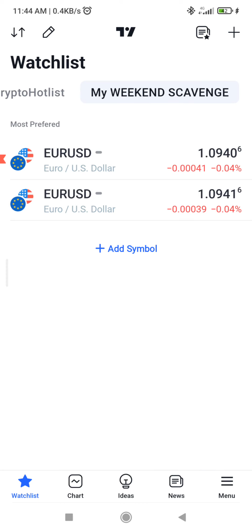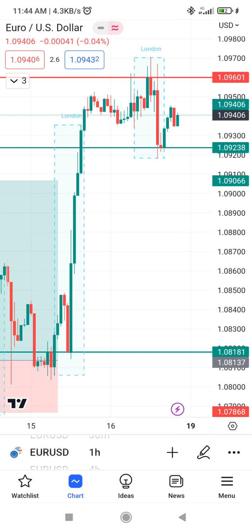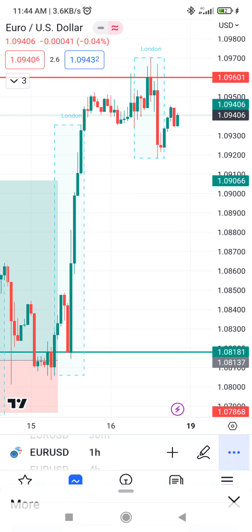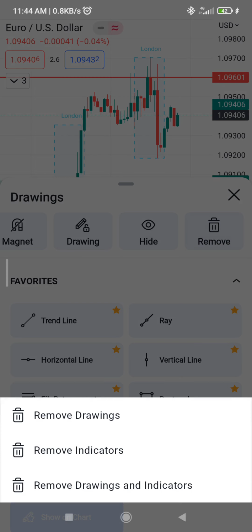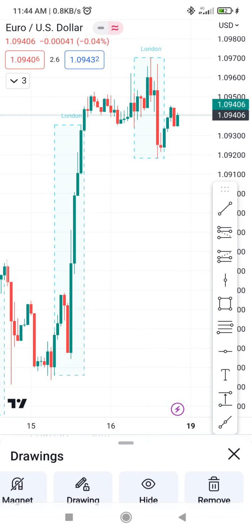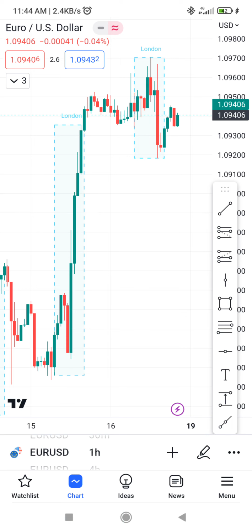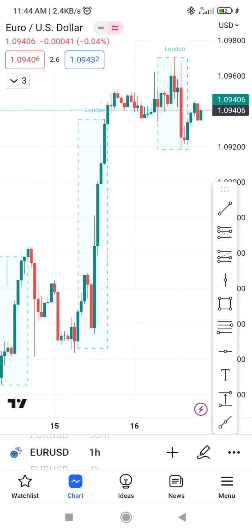The reason I'm using this is because I will use the first one to analyze the areas of supply and demand. Then I'm going to use the second one to talk about liquidity grab, right? Okay, so let's remove the drawings, because I actually made certain drawings.